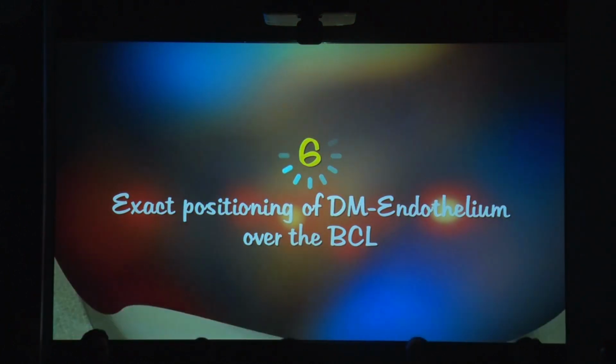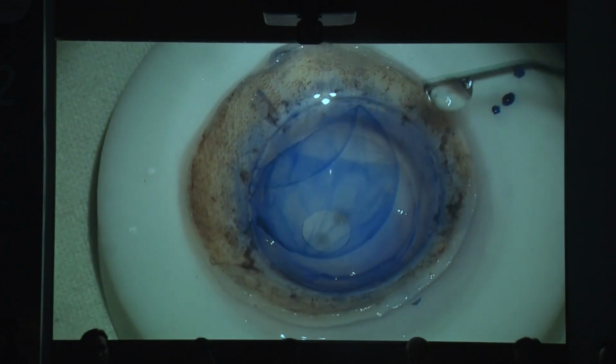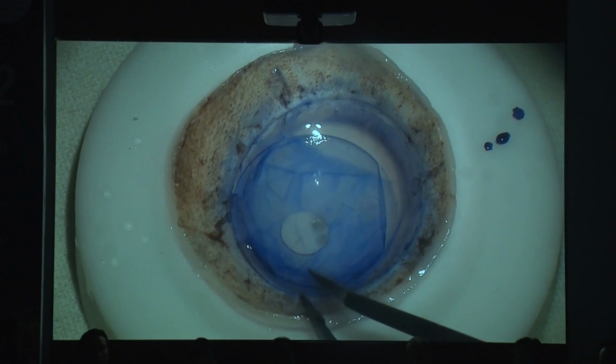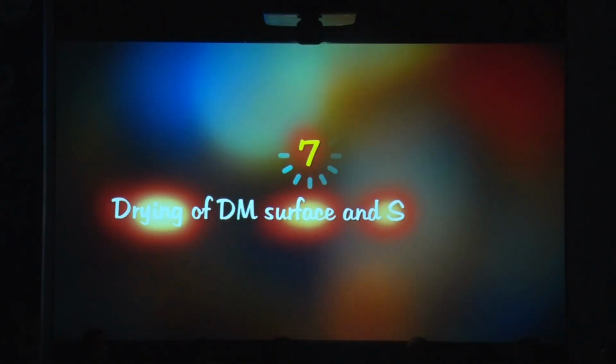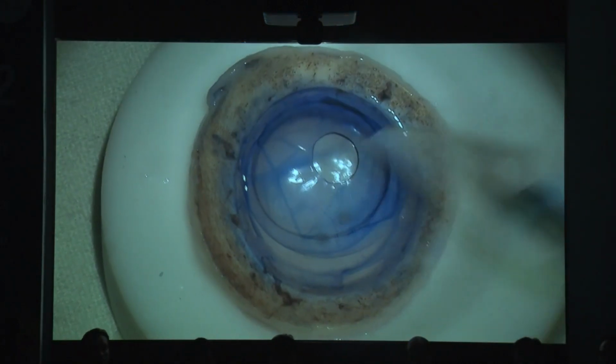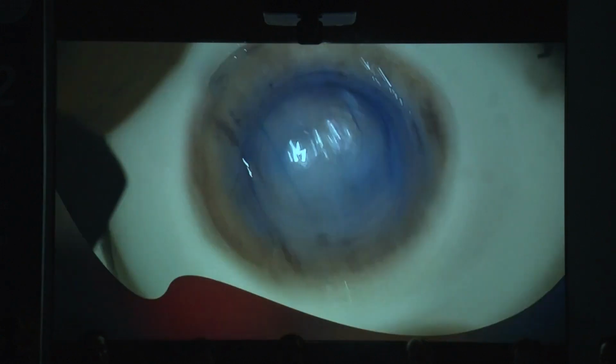Good centration of the DM endothelium over the BCL. Soak the interface fluid, flip the BCL supported tissue, dry the DM surface and give the S-stamp.